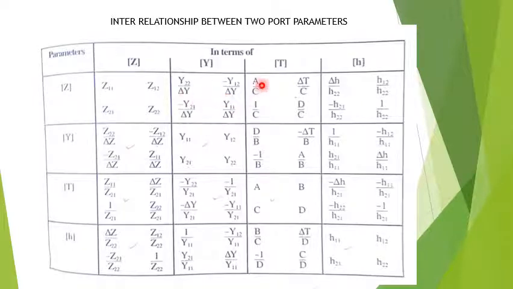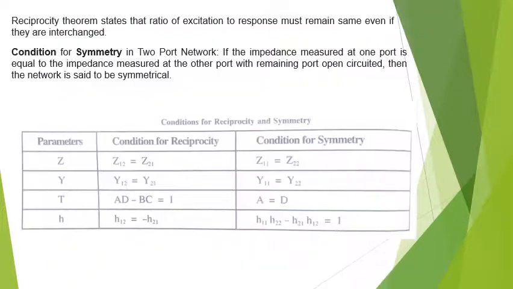In this way, you can correlate the interrelationship between the two port parameters from the table, and these equations are useful so that if you know the Z parameters, you can find the Y parameters, the transmission parameters, and the hybrid parameters.